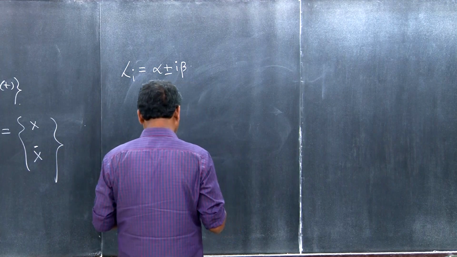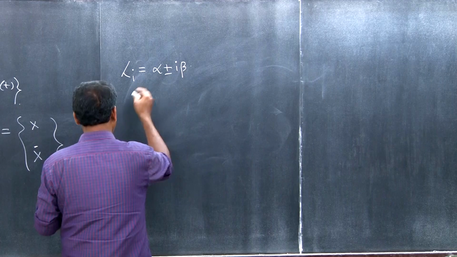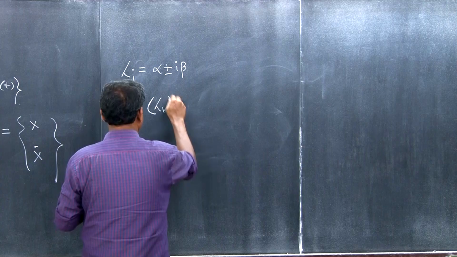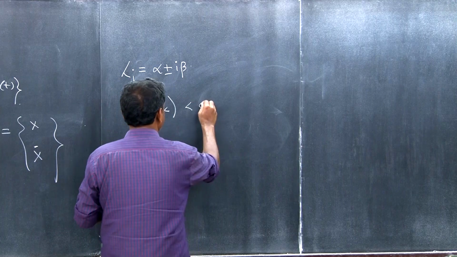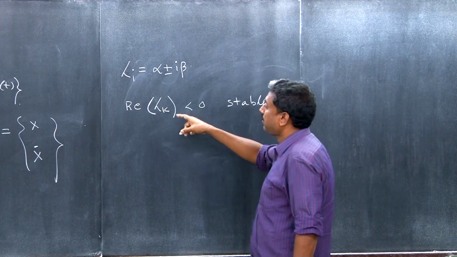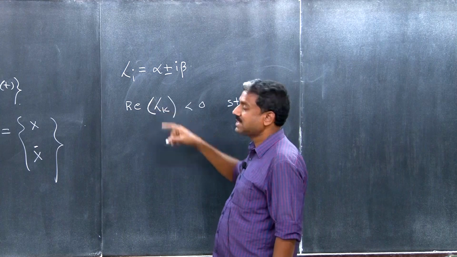And then I have demonstrated to you that if the real part of lambda_k is less than 0, then of course this is stable. That means this is positive damping. So the real part of lambda is essentially associated with the damping.